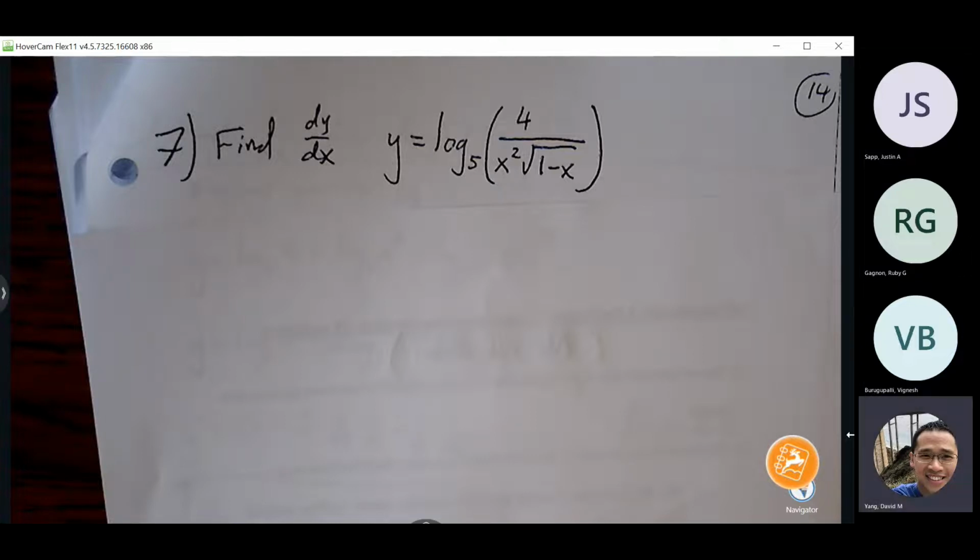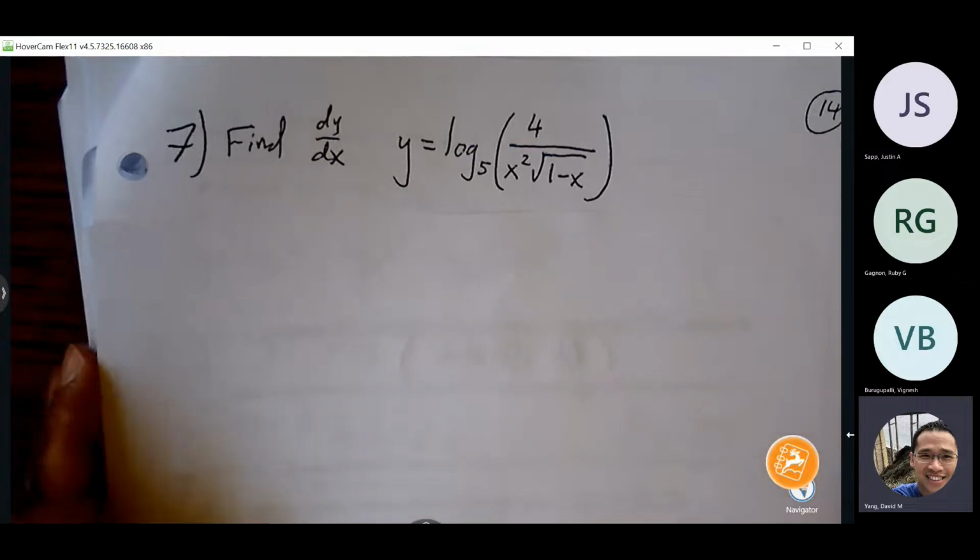The purpose of log properties is so that we're not stuck having to do a messy derivative rule, right? So make life easier for our derivative step if we can spread all these into separate problems. I know it's log base 5, it looks complicated, but pretend it's natural log and go as far as you can. And then at the end, we can adjust for the fact that it's base 5 and not base e.